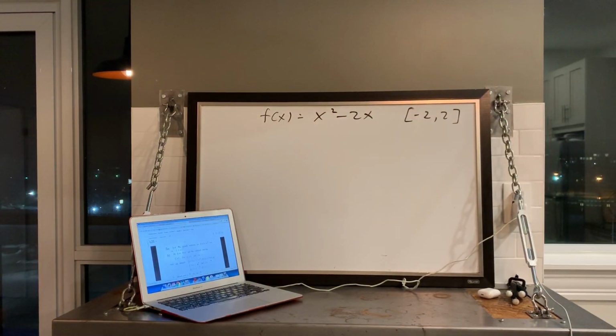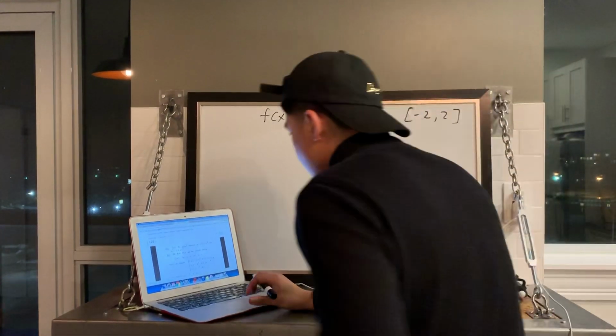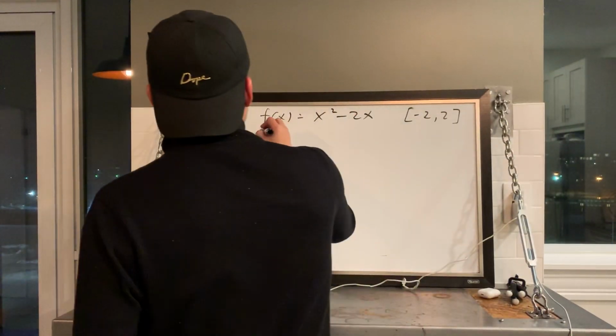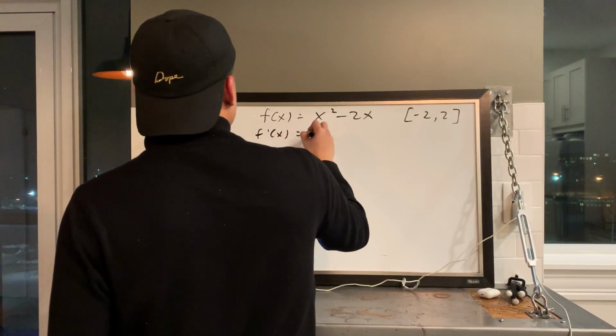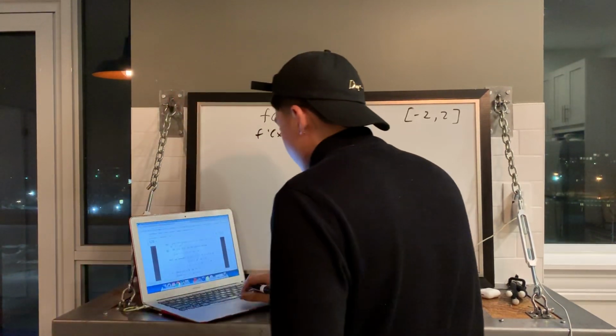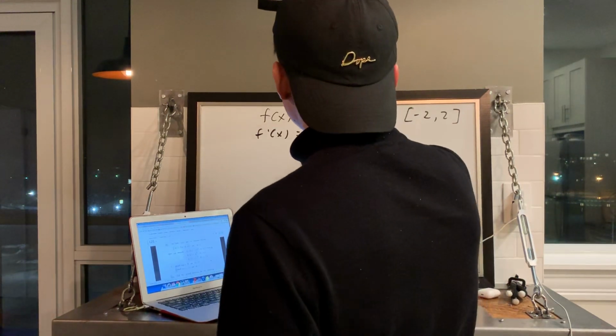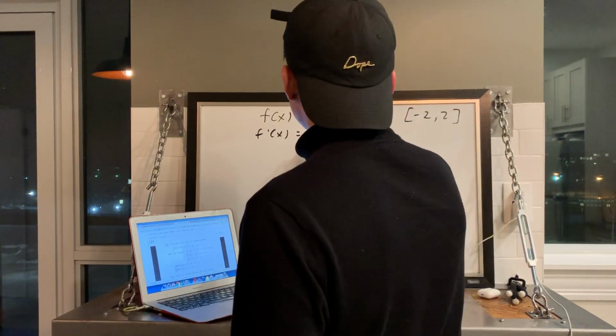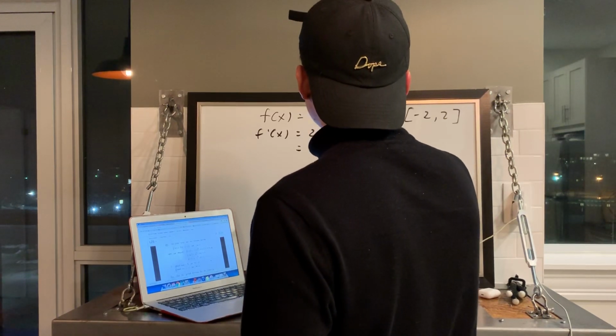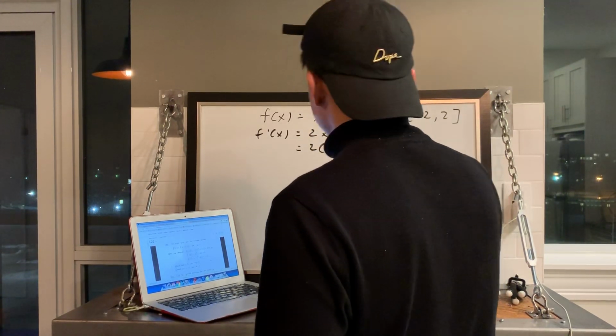What happens is that f prime of x is equal to 2x minus 2, and the critical point would be x equals 1.